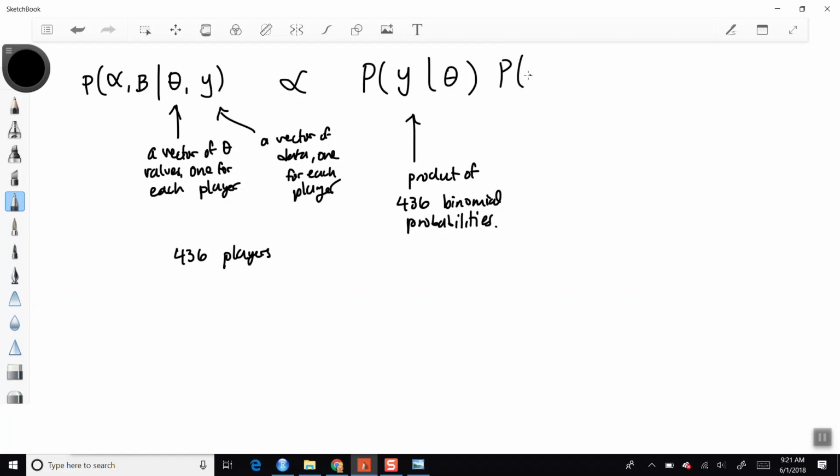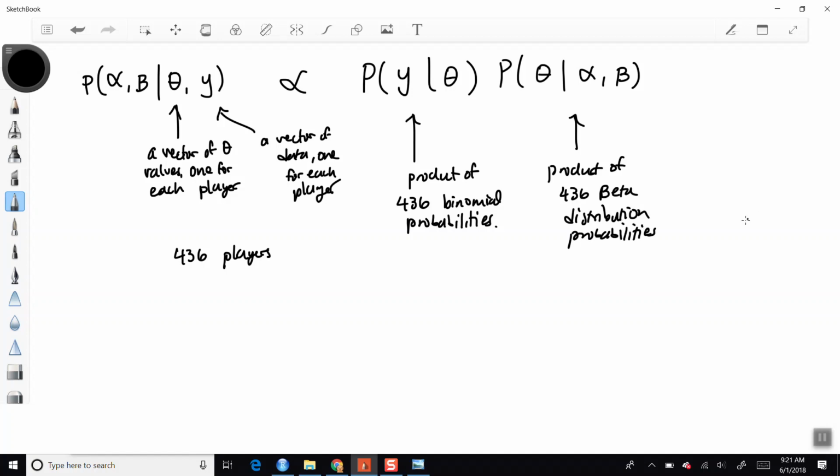Multiplied by the probability of theta given alpha and beta. Okay, and this is going to be the product of 436 beta distribution probabilities. Times the prior probability.